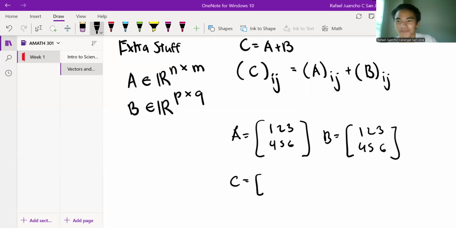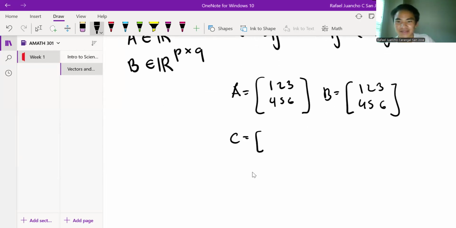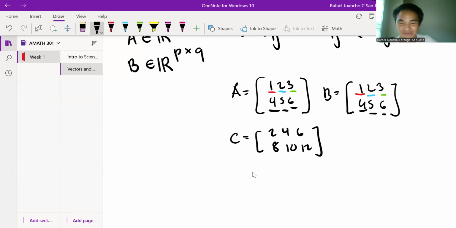So we're adding 1 plus 1, 2 plus 2, 3 plus 3, and so on and so forth. So we get 1 plus 1, 2, 2 plus 2, 4, 3 plus 3, 6, 4 plus 4, 8, 5 plus 5, 10, 6 plus 6, 12. That's our new matrix, matrix C.